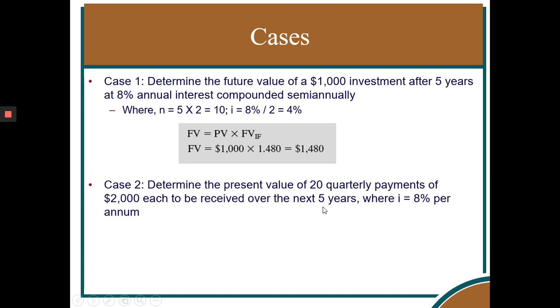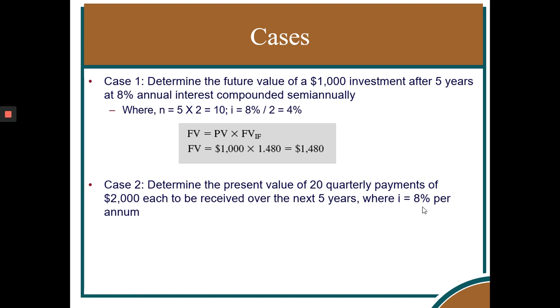In this question, of course, they say 20 quarterly payments, but sometimes they don't say. They say 2000 each to be received over the next 5 years, where I is 8% per annum, and the compounding is quarterly. If they say that, then you know in a year 4 times 5 years equals 20, and your I is the annual rate.